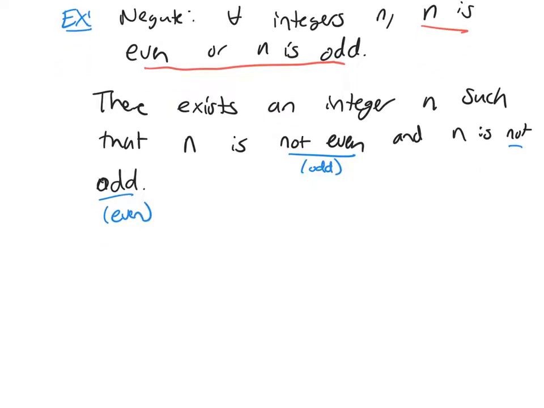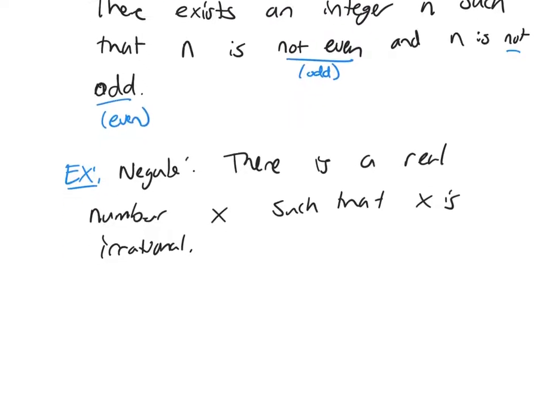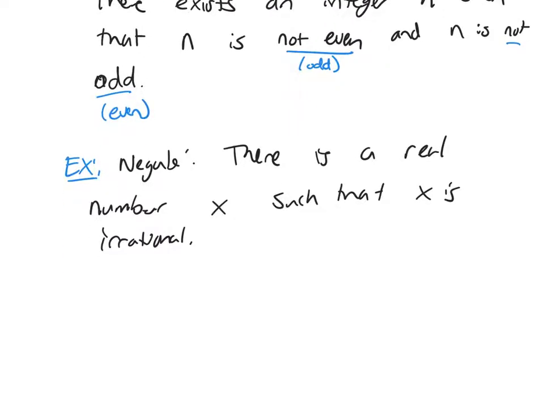Let's do another one of these. Let's say we want to negate: there is a real number x such that x is irrational. So what would the negation look like?